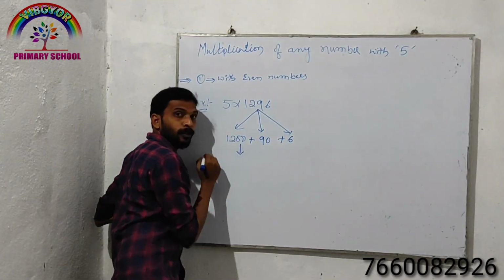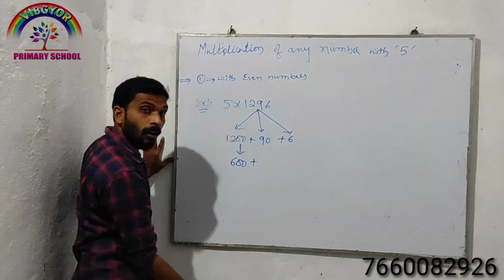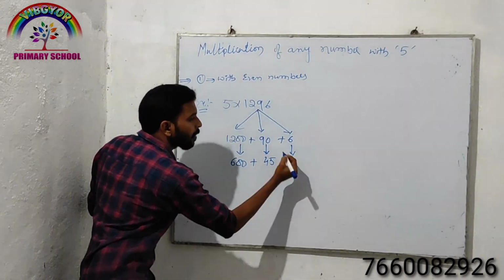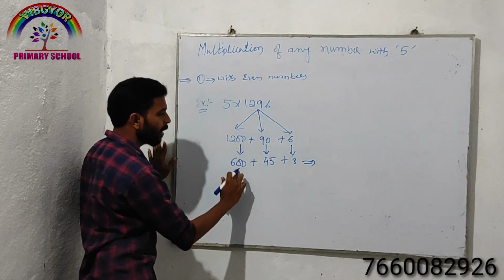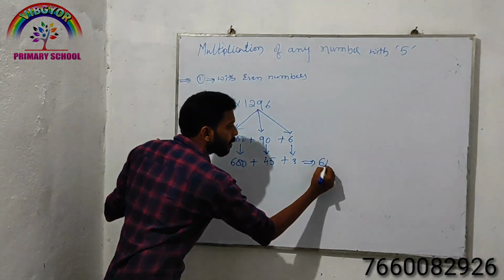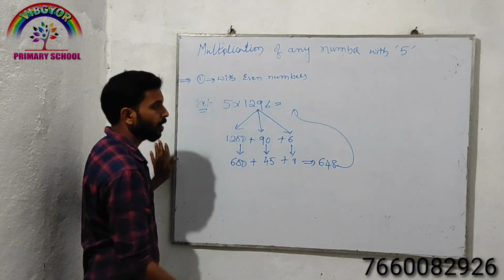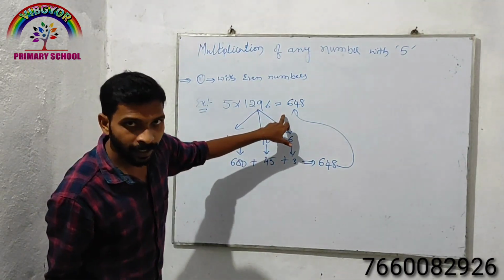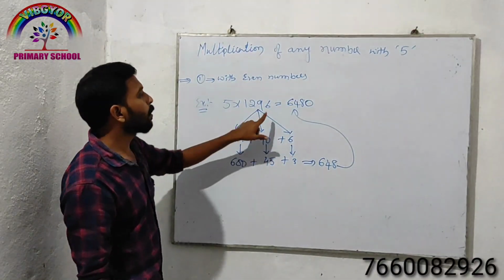Then half of 1200 is 600, plus half of 90 is 45, plus half of 6 is 3. Then add these 3 halves. 645 plus 3 is 648. Then take this to be here. 648 is half of 1296. Then after, keep 0 so that it will be easy.